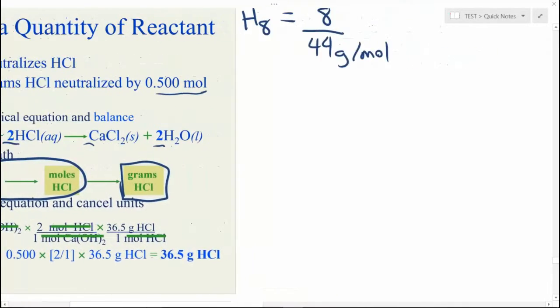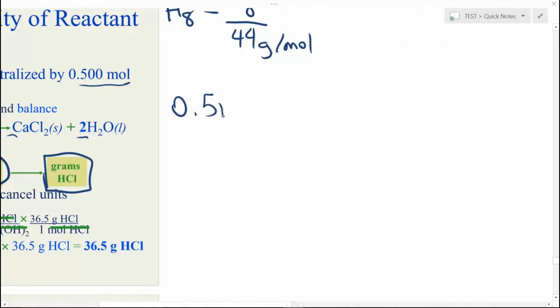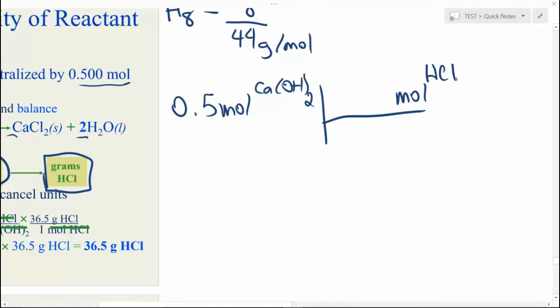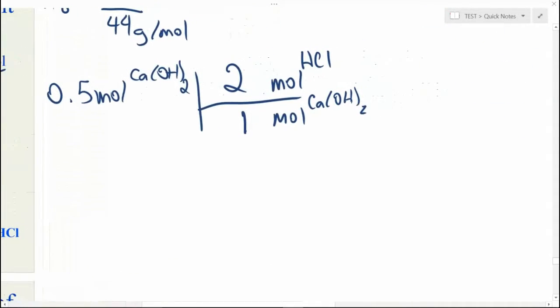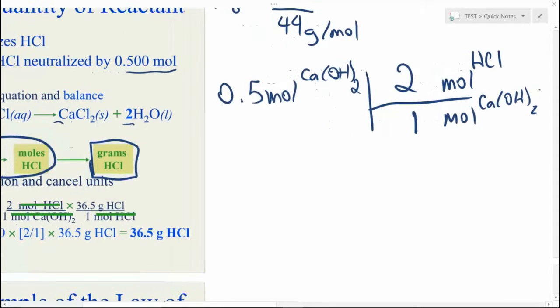Our very first step is to take the 0.5 moles of calcium hydroxide and convert it to the moles of HCl. Okay, and we know there's 2 moles of HCl for every 1 mole of calcium hydroxide according to the chemical equation here. So 0.5 times 2 would give us 1 mole of HCl. So we would produce 1 mole of HCl.